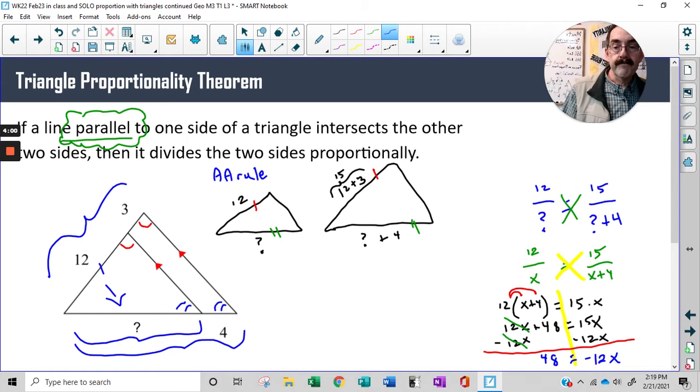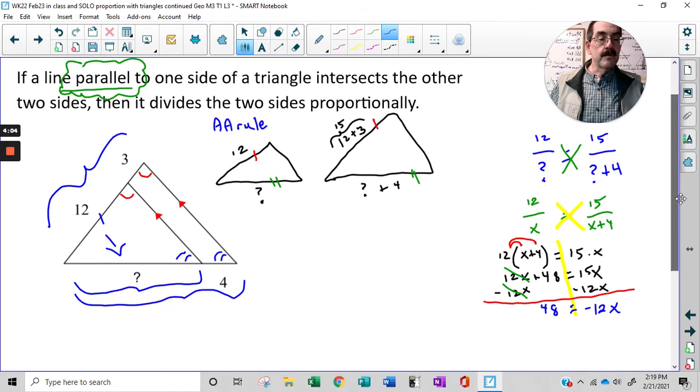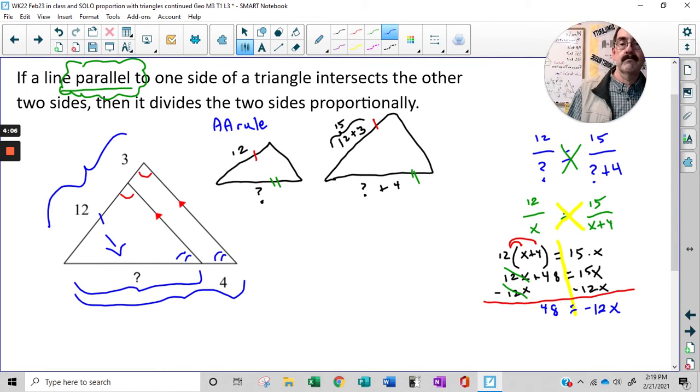So now we pull this down. Divide both sides by negative 12, and x is negative 4.